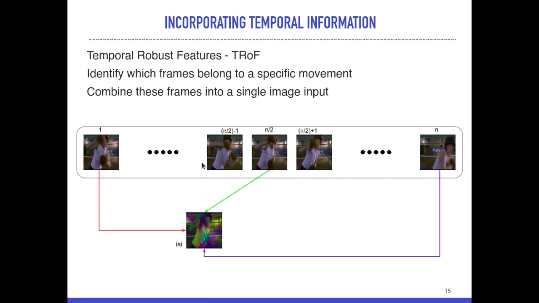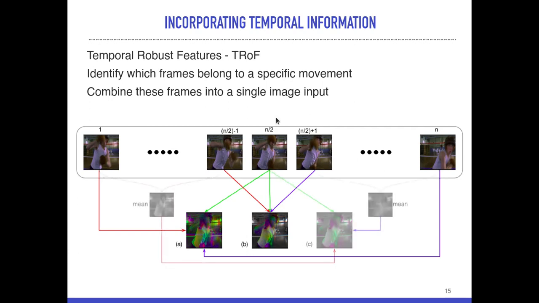We can also use another type of combination that uses the 3 most central frames, one in each color channel. And the third combination that we had uses the central frame as the green channel, the average of the first half of the frames in the red channel, and the average of the last half of the frames in the blue channel.